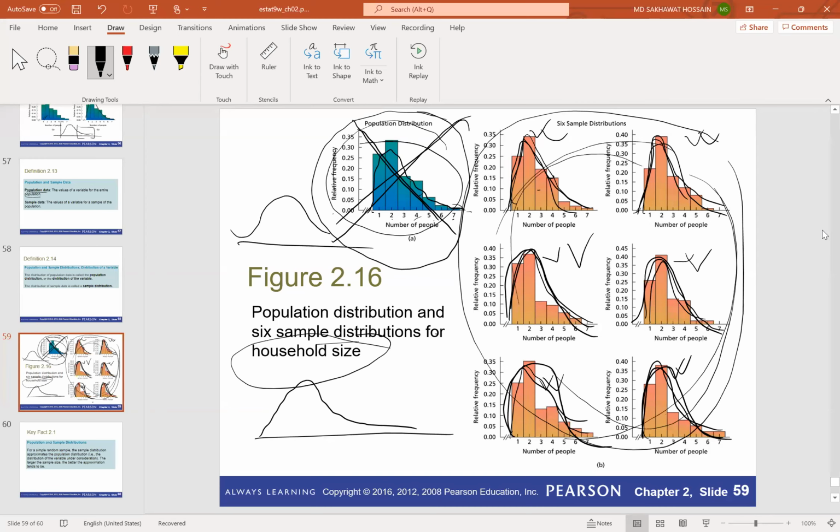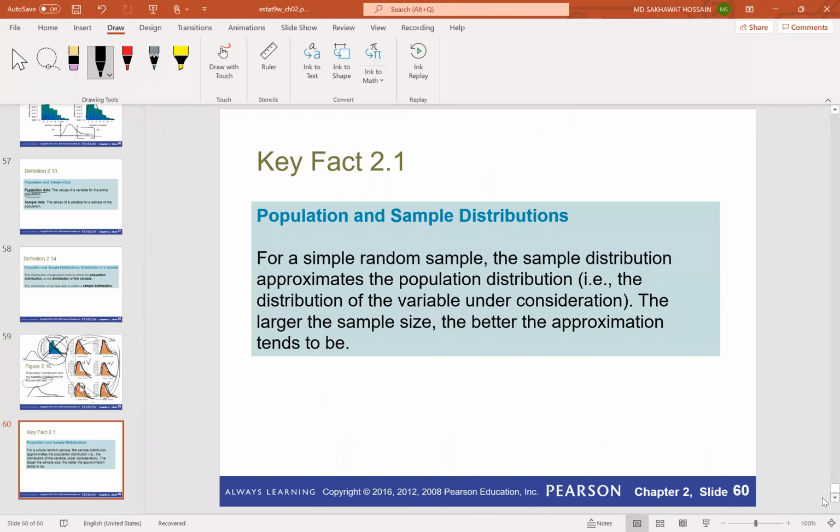You can say that the population distribution is also approximately right skewed. That's why we need samples. Samples are really important because the information about the population is most of the time unknown. The distribution is unknown, and also the mean and the variances are unknown. So we can just estimate them, or make inference about them based on our sample information.